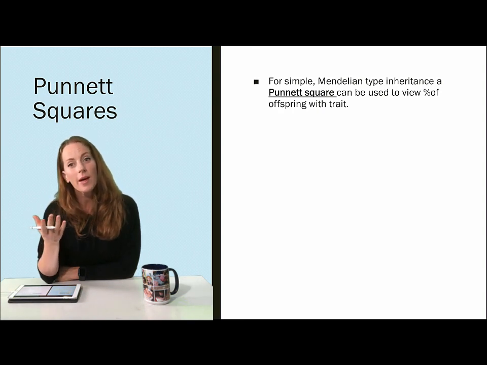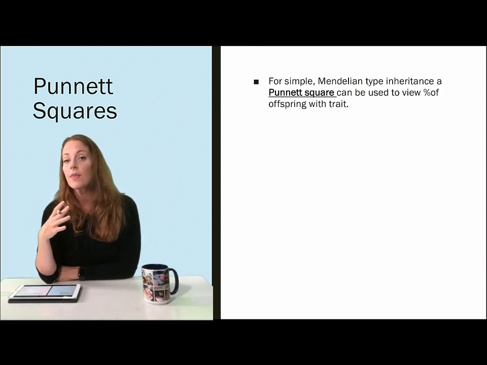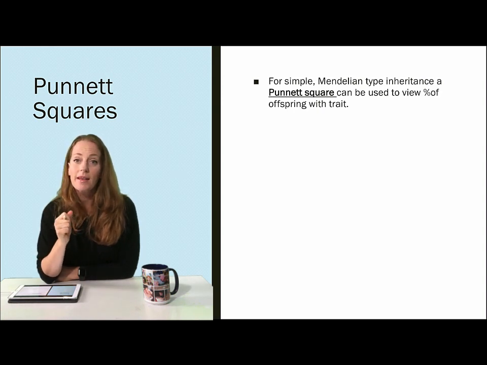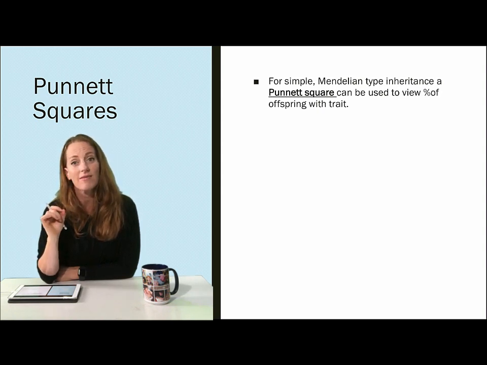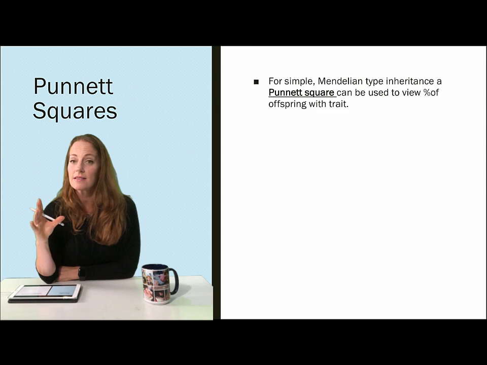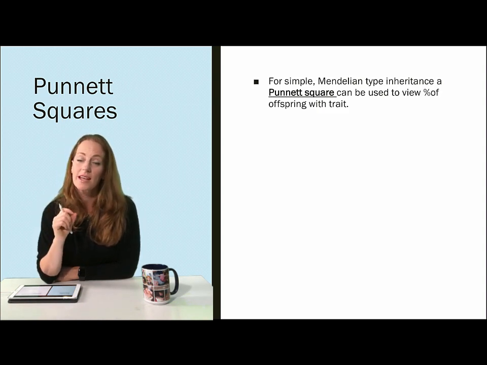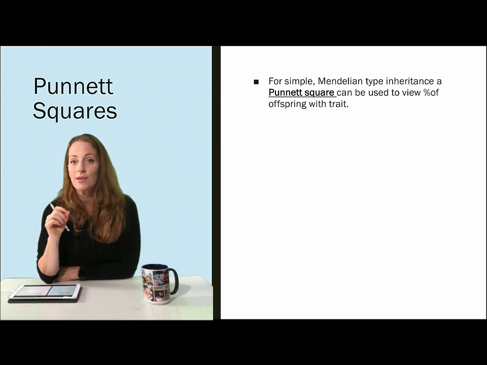We have a simple way of predicting the probability of any particular trait being passed on from parent to offspring if it has a simple inheritance pattern, meaning that it fits these Mendelian style autosomal dominant and autosomal recessive, or sex-linked dominant, sex-linked recessive type inheritance.